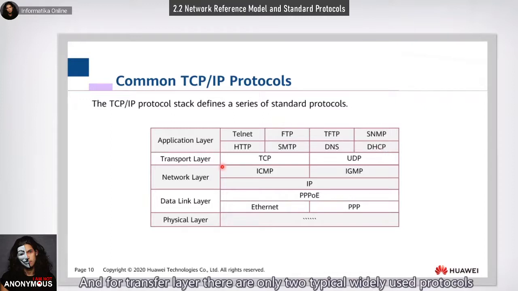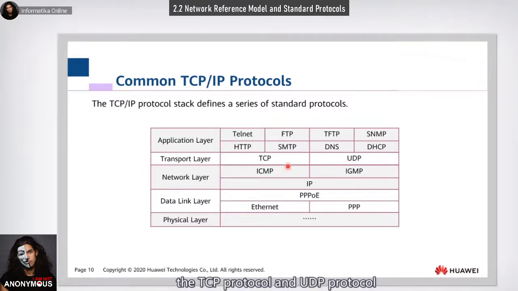For the transport layer, there are only two typical widely used protocols, the TCP protocol and the UDP protocol. The difference is that UDP only provides transmission, but cannot guarantee performance.